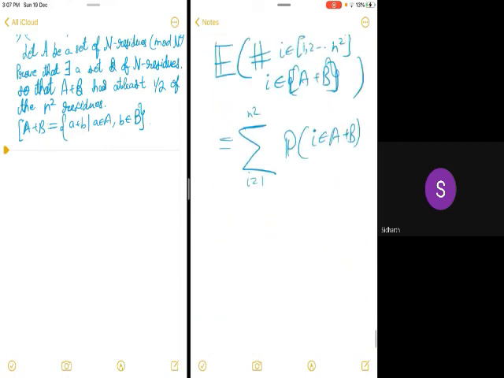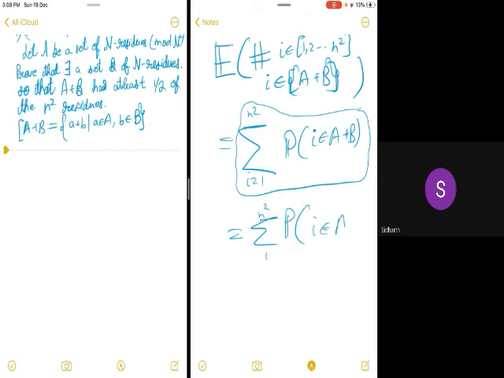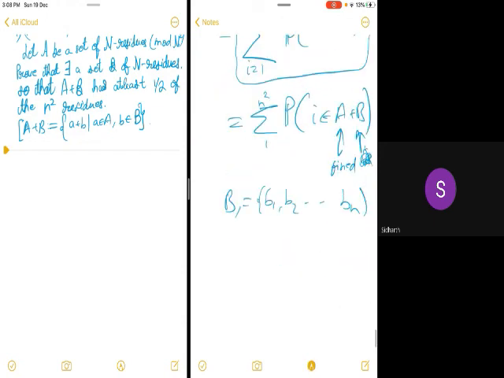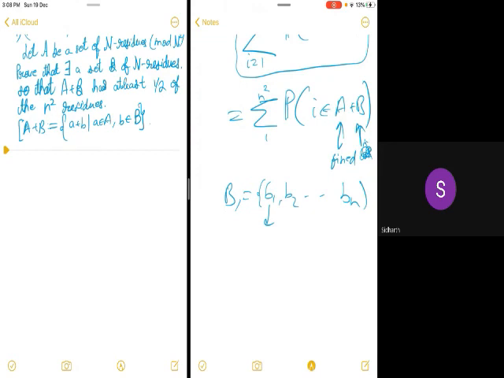So now how will you calculate this? This is the summation over 1 to n square of the probability that I belongs to A plus B. Here notice that A is fixed and B is random, so each element of B is chosen uniformly at random. B is B1, B2 till Bn, where all of these are chosen uniformly at random from the set 1, 2, 3 till n square.